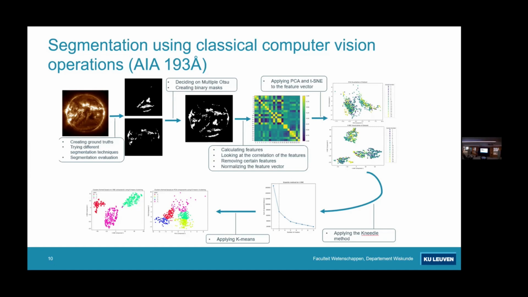And if we go a bit further, for these two algorithms, we can get a set of segmentation areas. For each area, we can extract a set of features, and then we can represent these areas in a multi-dimensional feature space.